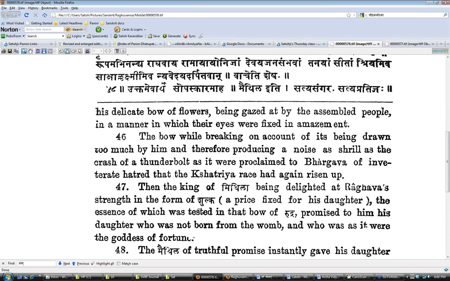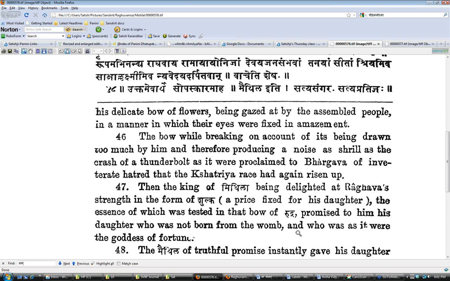You can check your grammar. That's why I got this other book. This is a nice translation: who was not born from the womb, and who was as it were Rupini, Rupini Iva, and then the goddess of fortune, Shriyam.